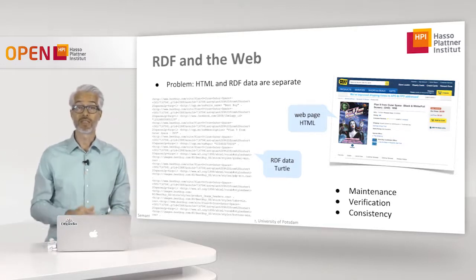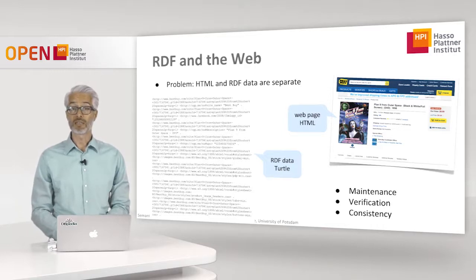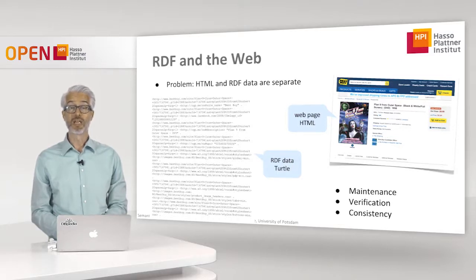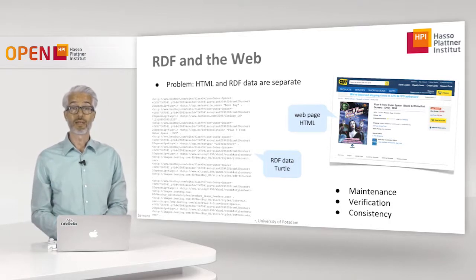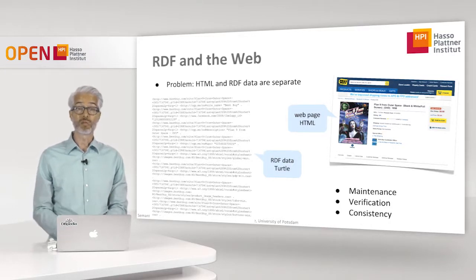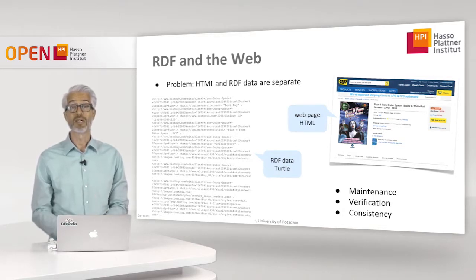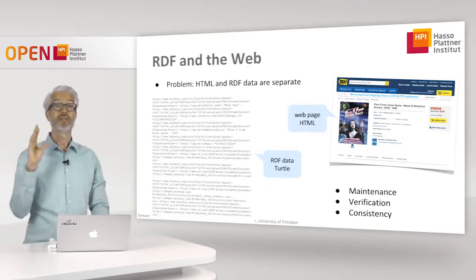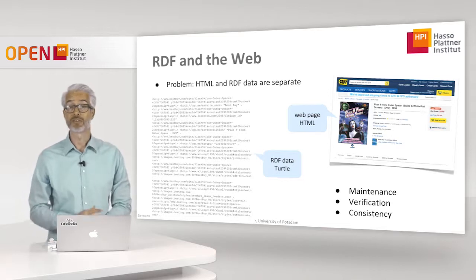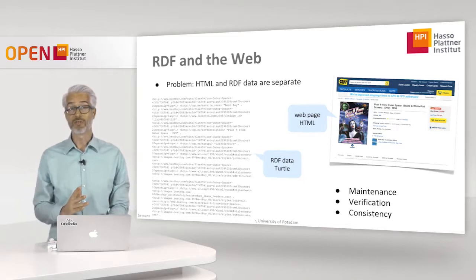For example, in your web shop, if the price of something changes and you make the change in the HTML part, then this change also has to be made in the RDF description of your products in another file. So maintenance might become a problem. Also verification: is it really correct, and is there consistency between the presentation in the HTML file and the data in the RDF file? This is always a little bit complicated if you do not intertwine both of these representations.